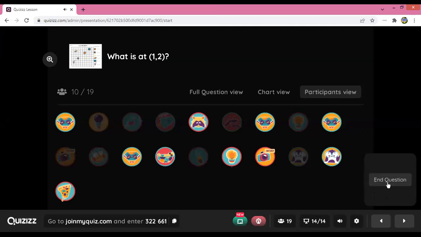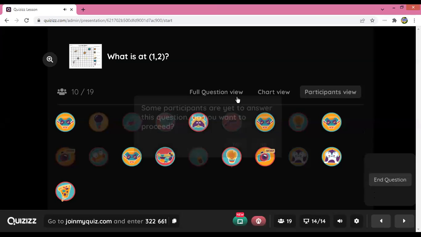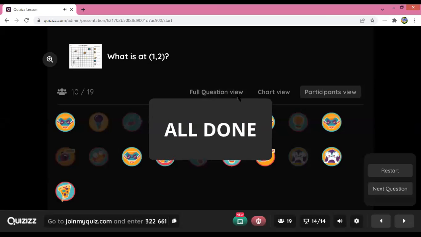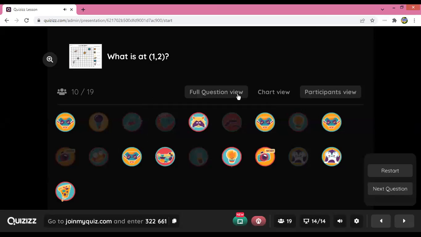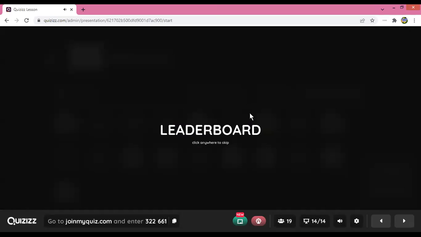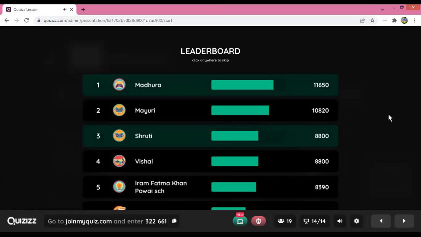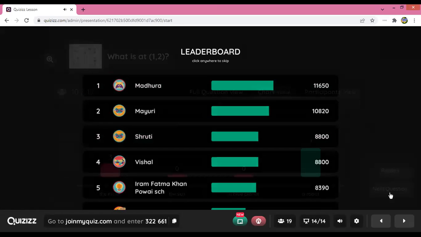Not fast. What do you see at 1, 2? Okay, time up. The answer was robot, right? Madhura, Mayuri, Shruti, well done.